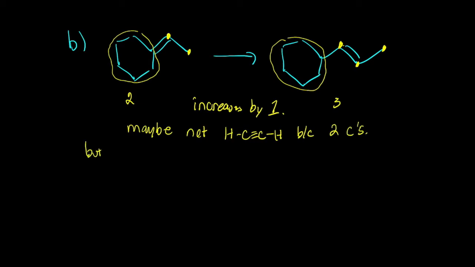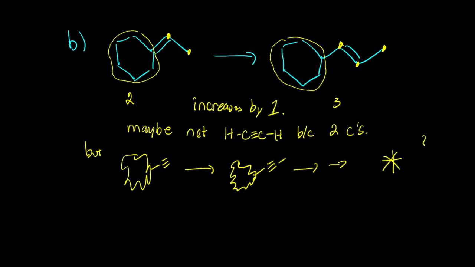But it could be possible that my big, huge molecule that's given to me as a starting material maybe could be converted to an alkyne, and then I can convert that to a molecule that has 1 more carbon, and then I could transform that. So maybe, I don't know.